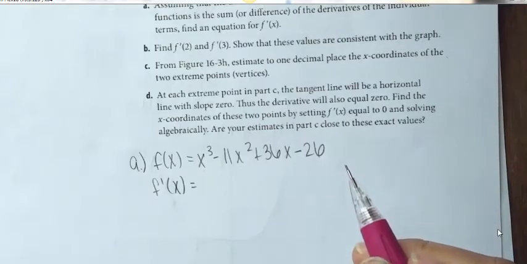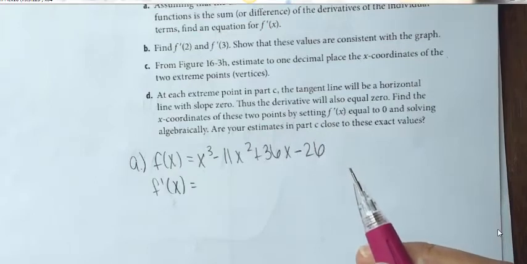Now there will be times where you're going to have to show that you understand how to find the derivative not using the power rule, but potentially using a numerical table of values where you have to find the different average rates of change and then the limits of those average rates of change. There will be other times where you're going to end up doing it algebraically because they tell you to do it that way.